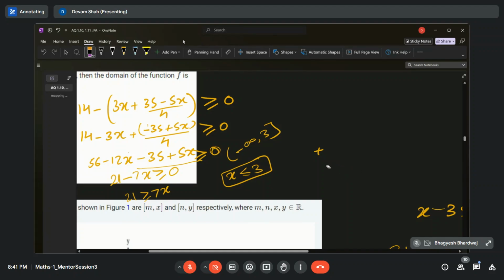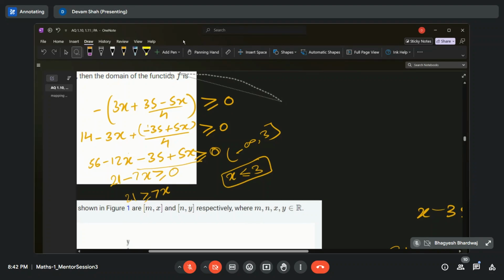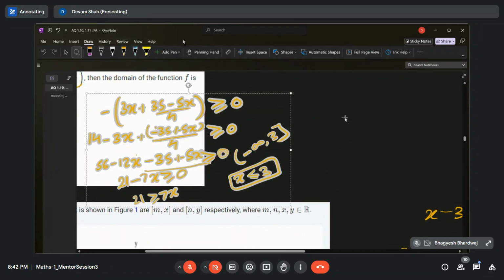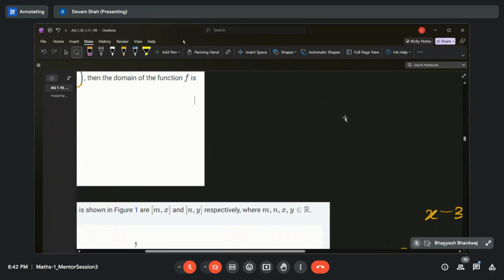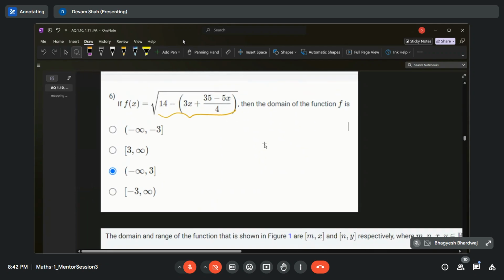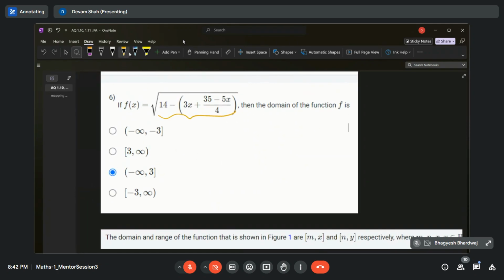Anyone with any specific concept? How to find range? Let's find the range of this function itself. So here, what does the root value give? The result will always be either positive or negative.